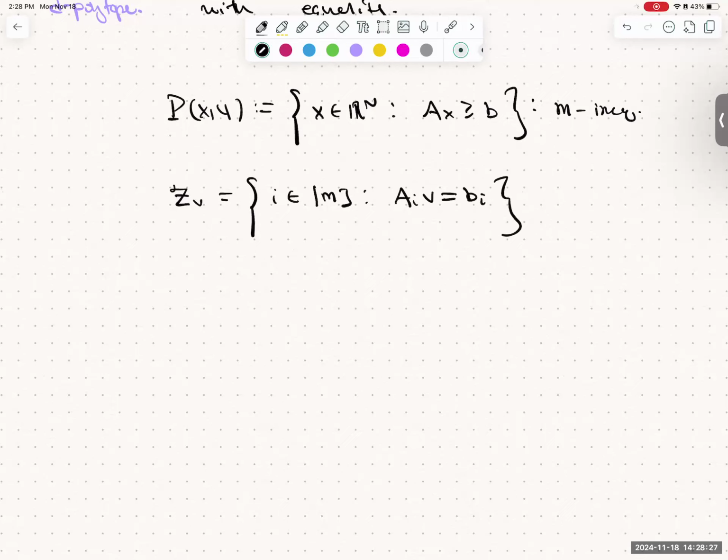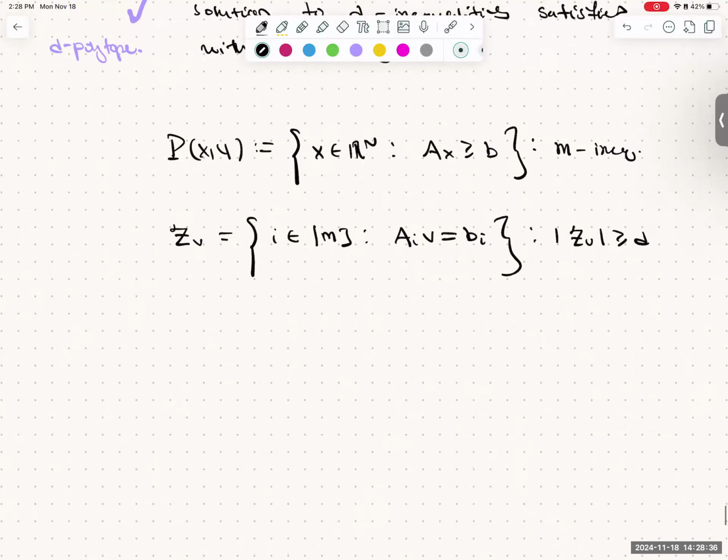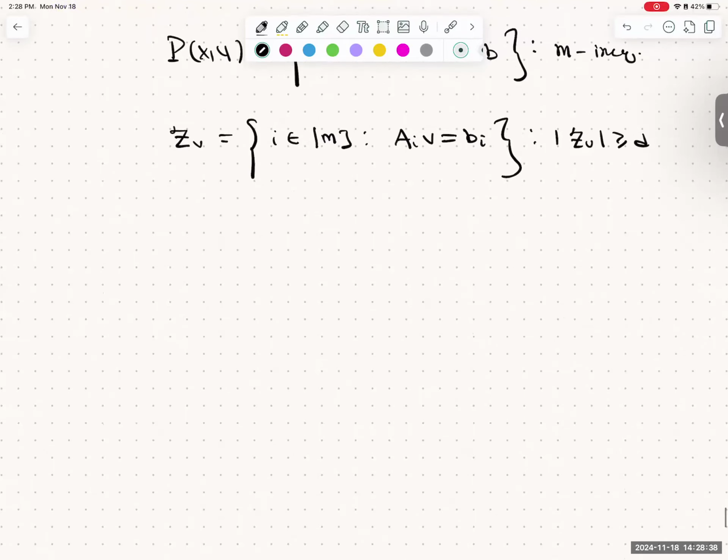And the number of elements in here could be greater than D. So this is if V is a vertex.